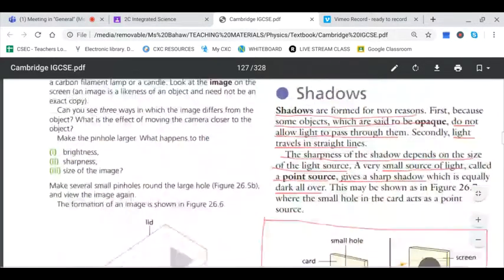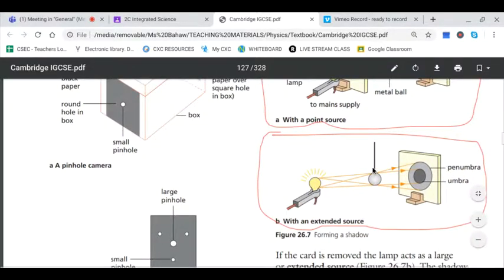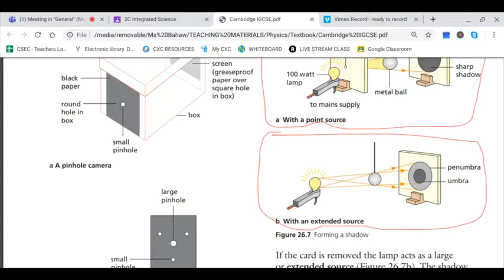Then you will also take down this extended source. I hope that you'll be able to catch up on what you did here. The extended source diagram you will draw exactly as you see.